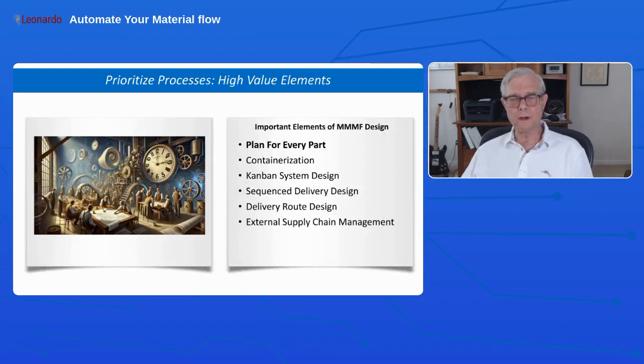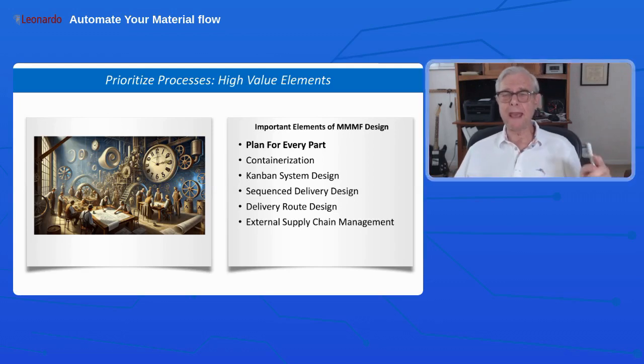So what are some of the highest priority projects? Typically, they're going to rise to the top. If you don't have a plan for every part, then it's easy for me to recommend that that's what you're going to want to do. Set up a plan for every part, and a discussion will need to be had in terms of what's the repository for that. Is it Excel?